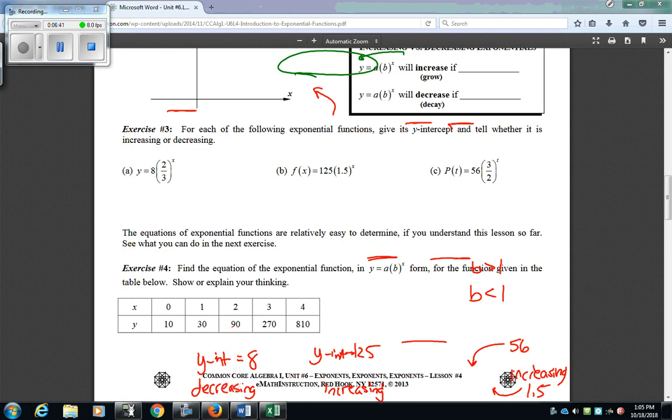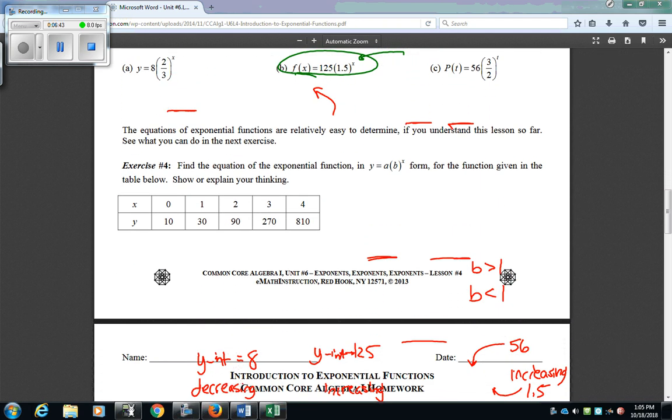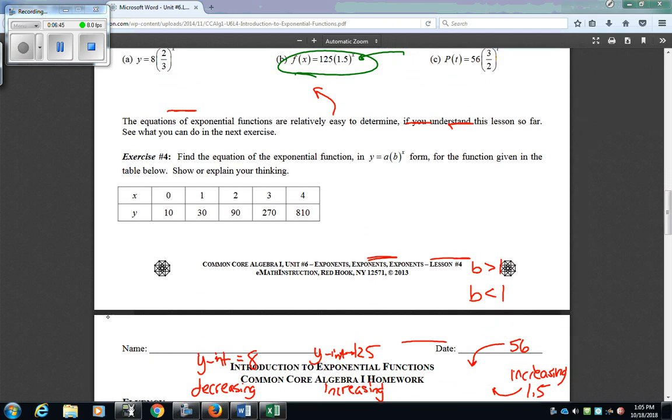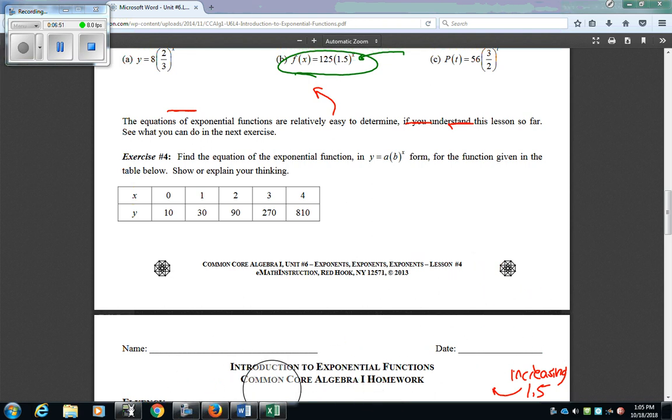The last one we're going to look at, exercise 4, they want us to write the equation. What we have to think about when we write an equation, kind of like we talked about with linear, is where it starts. So you want to think about that y-intercept. If I look at this table right here, I can find my y-intercept because the x value would equal 0. So I know my first number is going to be 10.